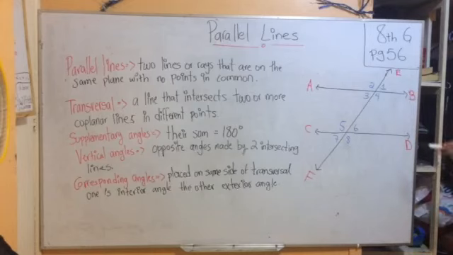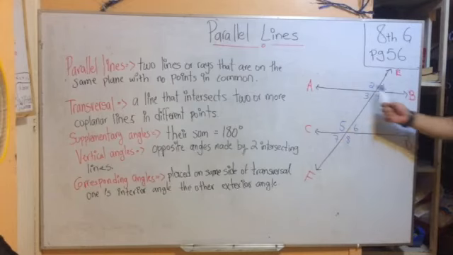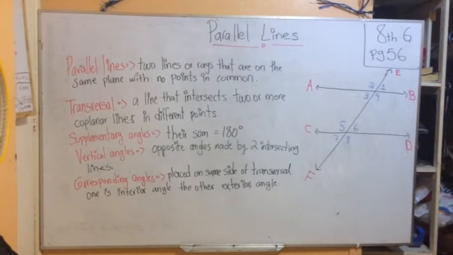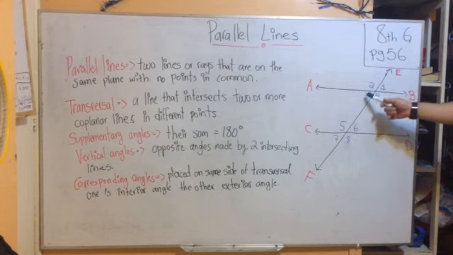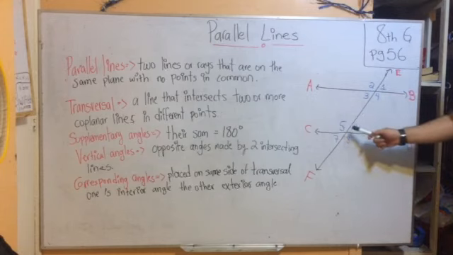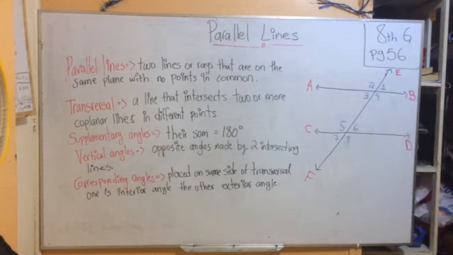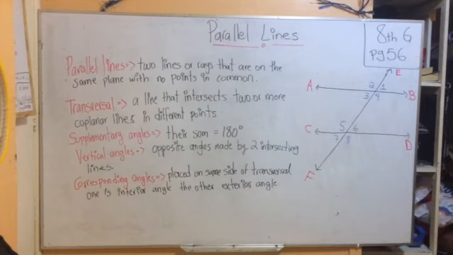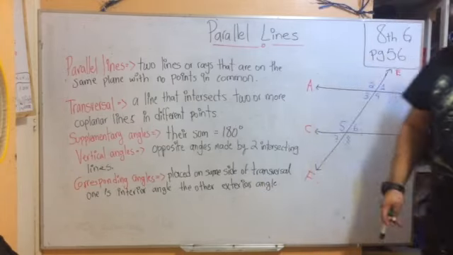Now what do we need to know about these figures? We don't only have endpoints like A and B, C and D, and E and F. When we cross these lines, we're going to form angles: angle 1, angle 2, angle 3, angle 4, angle 5, angle 6, angle 7, angle 8. Remember that an angle is the measurement of the inclination between two lines. Now, supplementary angles.